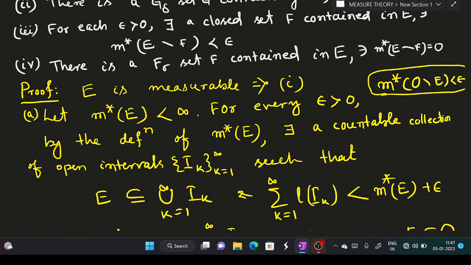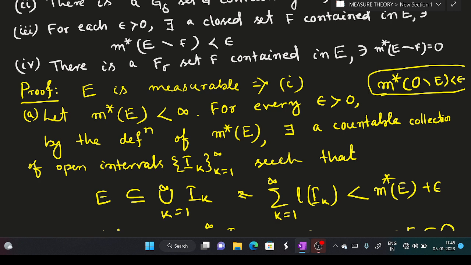Now, for every epsilon greater than 0, from the definition of outer measure: the outer measure of a set is the infimum of the sums of the lengths of countable collections of open intervals which cover E.